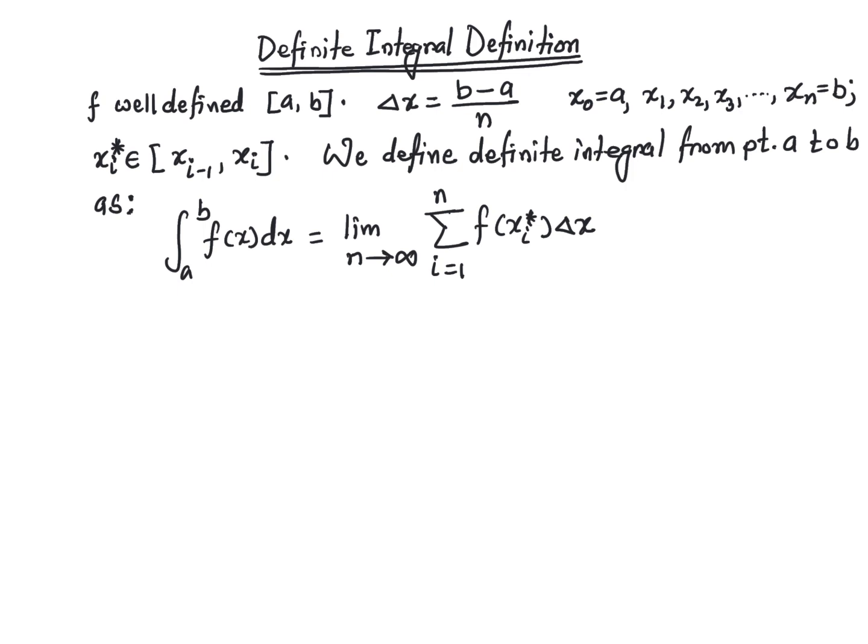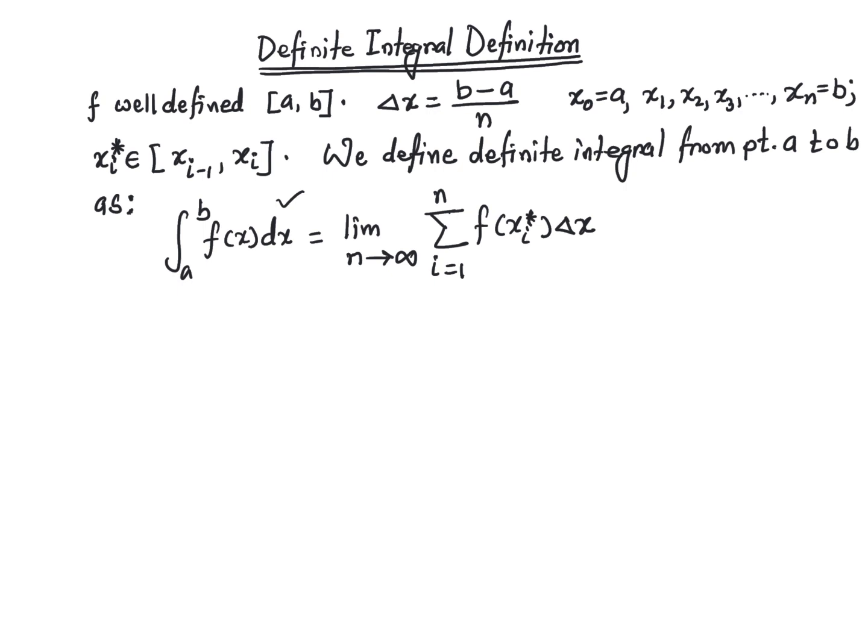Now let me elaborate on the left side here. For now, think of it as a symbol that represents the definite integral, and I'm going to break down shortly what these things mean.